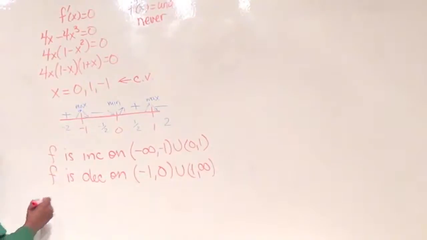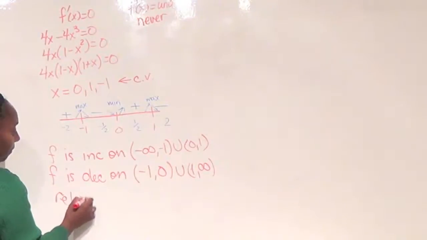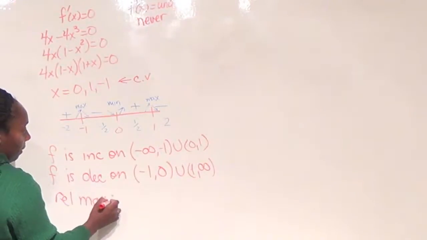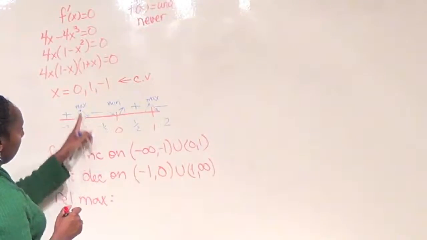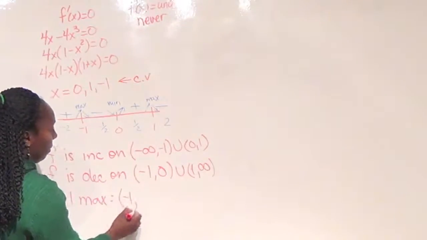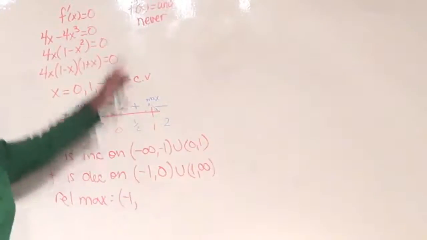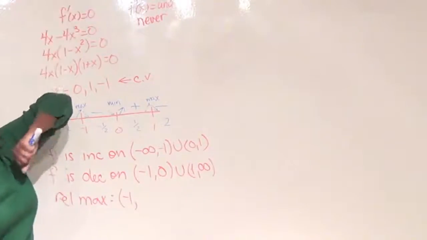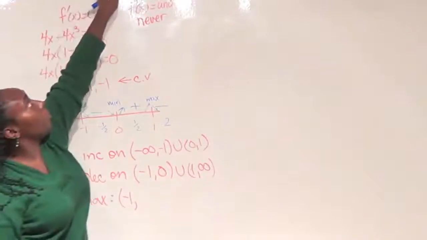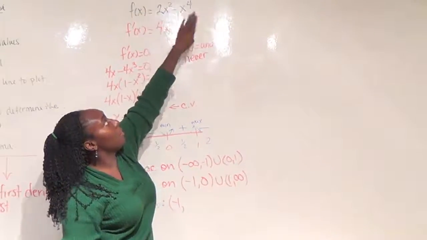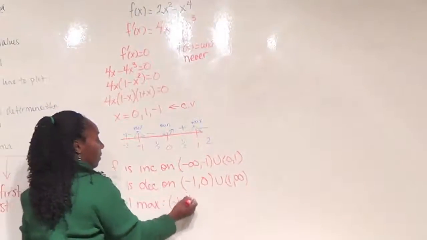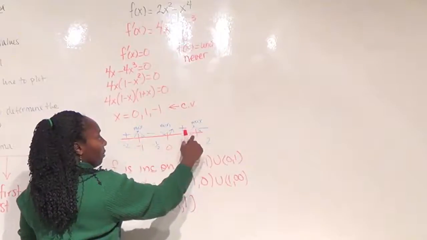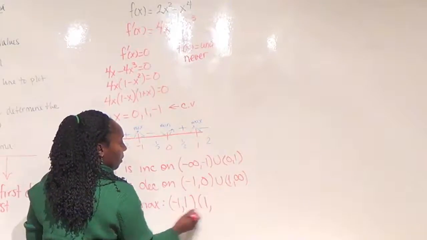So for our extrema, we have a relative max at x equals negative 1. Well, to get the y value, we've got to plug back into the original function. So when we plug negative 1 in here, we get 2 times 1 minus 1. And we also had another relative max over here at positive 1.